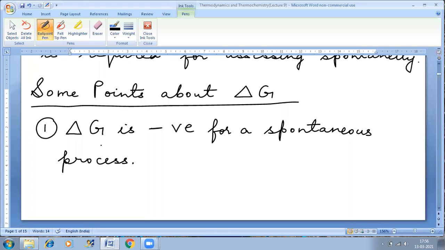So some points about delta G. The most important point is the first one that you see.